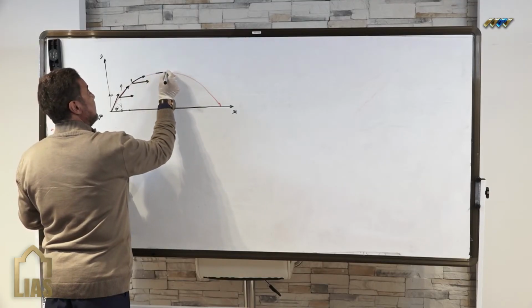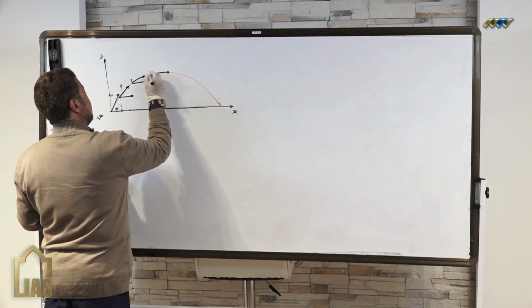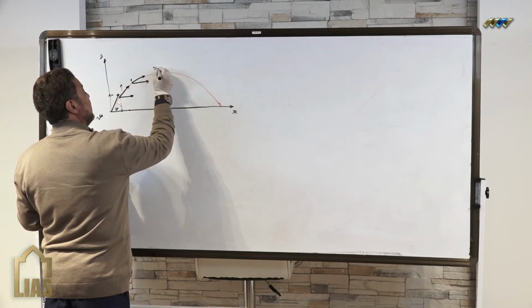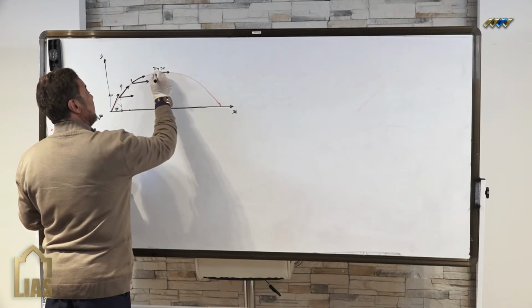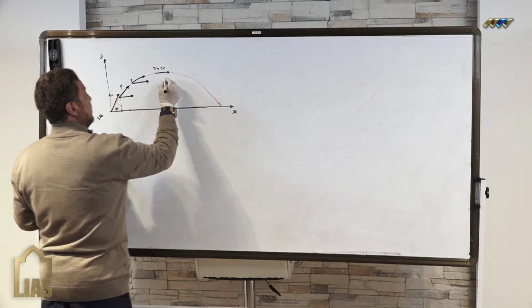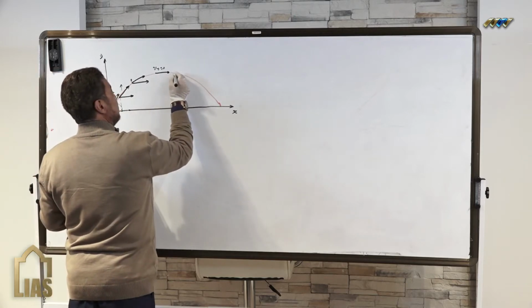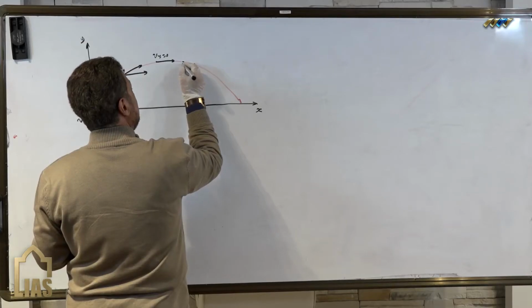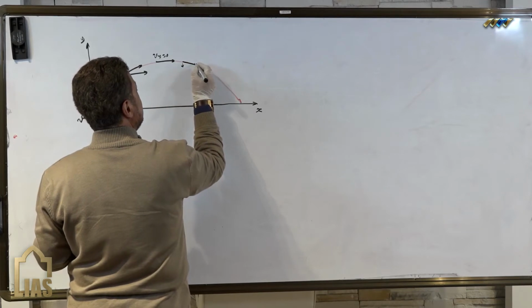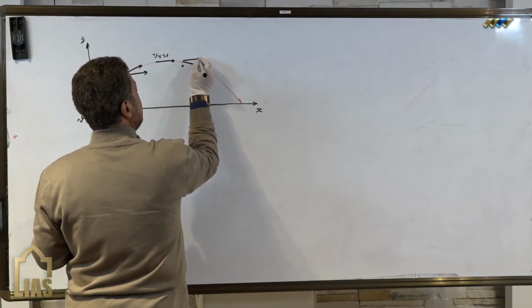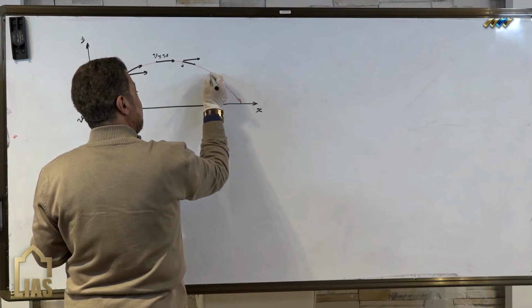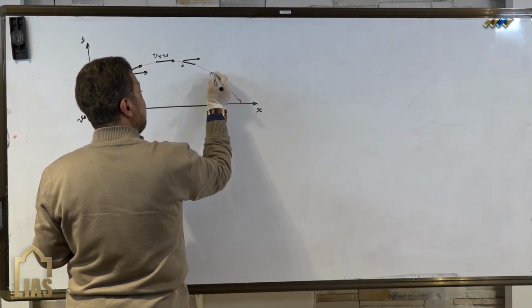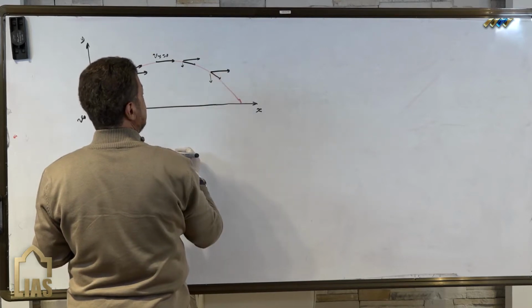In here, Vy is equal to 0, and Vx, this one here. It goes here, Vy, something, but Vx keeps the same. In here, Vx will be the same.